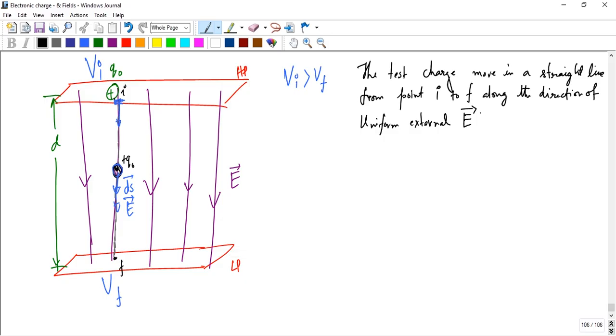The electric field goes from high potential to low potential, and the test charge follows that path.